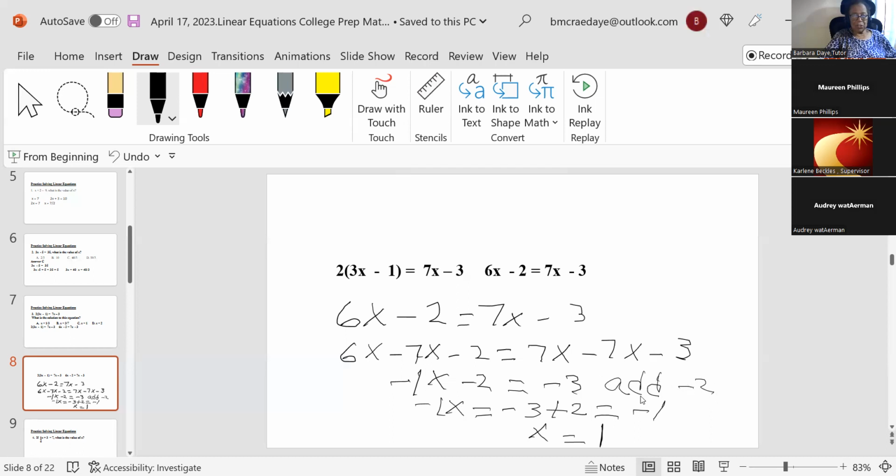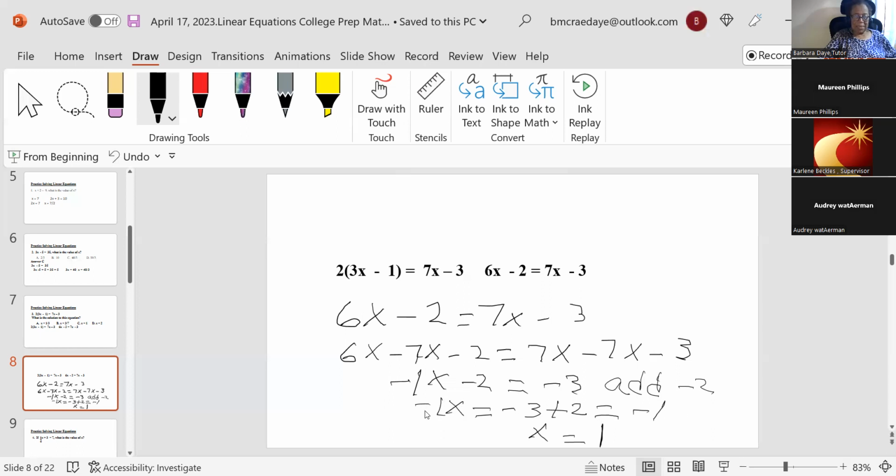So you added a 2, to cancel the -2. So -1x plus a -2 gave you 0. So on the left side, you just have a -1x. And then the -3 plus a 2, and that's how you got your -1.